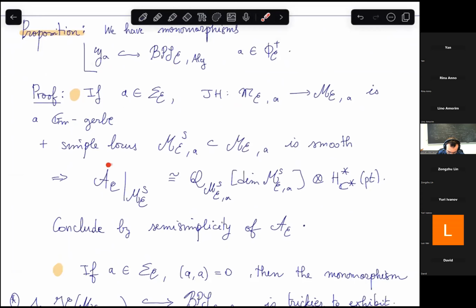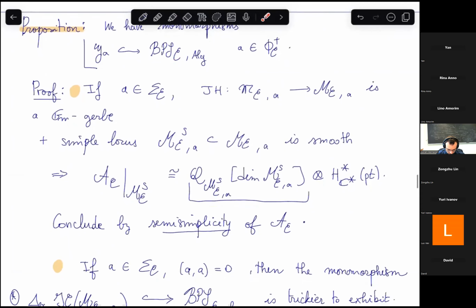And then the restriction of the sheafified cohomological Hall algebra to the simple locus is actually given by the constant sheaf on the simple locus shifted. So this thing is a perverse sheaf with the C-star equivariant cohomology of the points. So this thing is a sub-object, and then you use semi-simplicity of the sheafified cohomological Hall algebra, which allows you to find the map, the monomorphism from JA to the P.